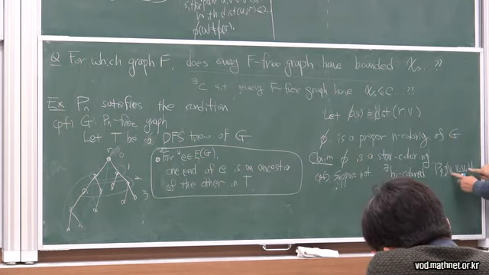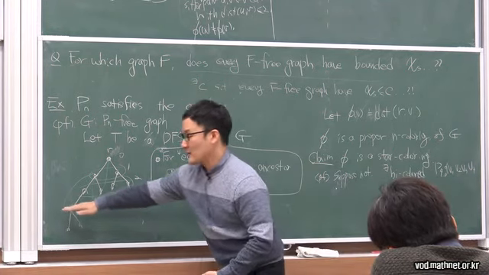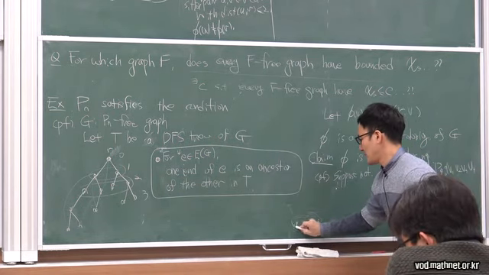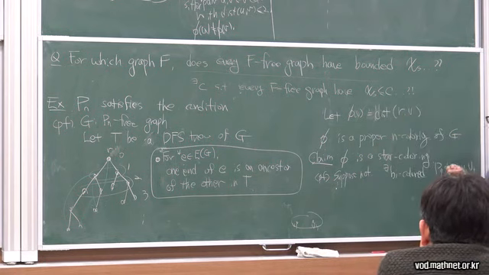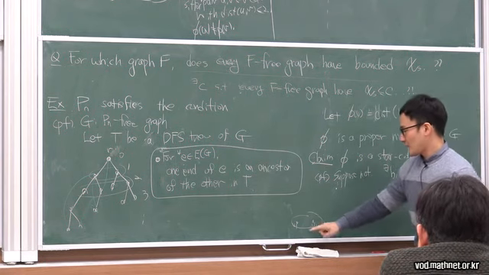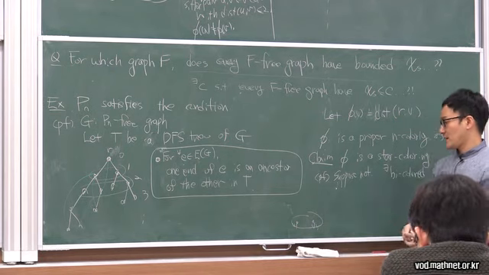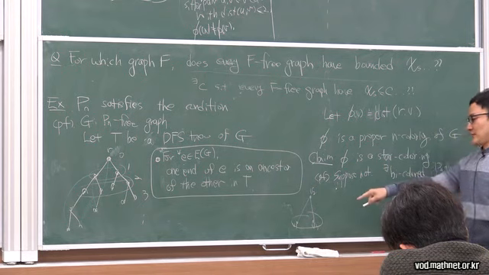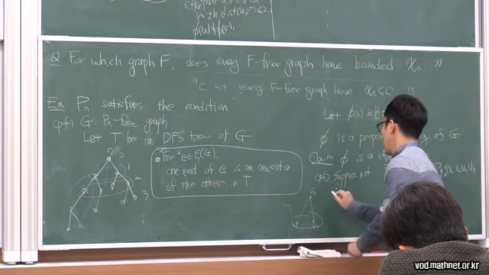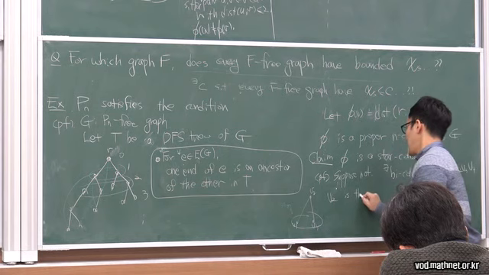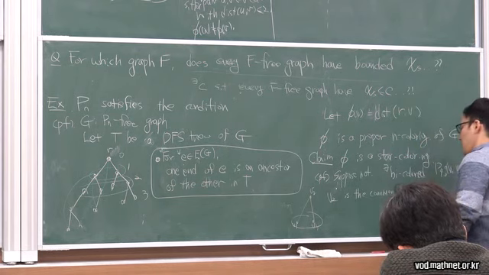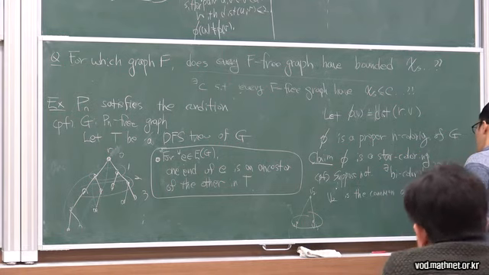Now V1 and V3 have the same color, which means that they are located in the same level. V2 is a common neighbor of V1 and V3, which means that V2 is the common ancestor of V1 and V3.